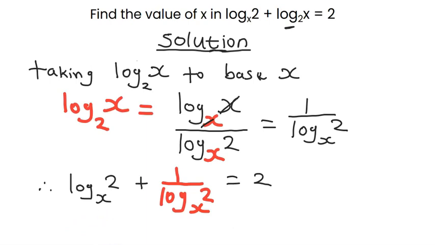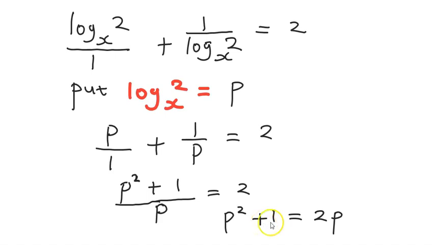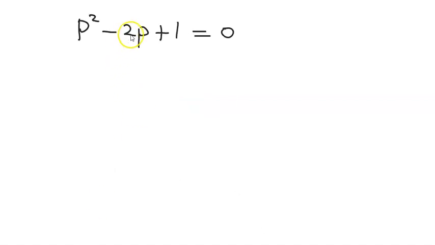The equation we had was p squared plus 1 equals 2p. Now when this 2p crosses over to this side, the sign will change to negative 2p. That is exactly what happened in this equation.